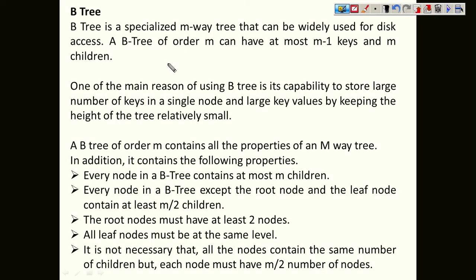A B tree is obviously an M-way tree, a specialized M-way tree you can say, in which we add some more properties to the M-way tree so that it will try to maintain its balanced structure.